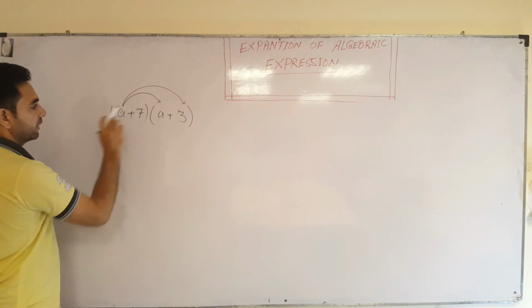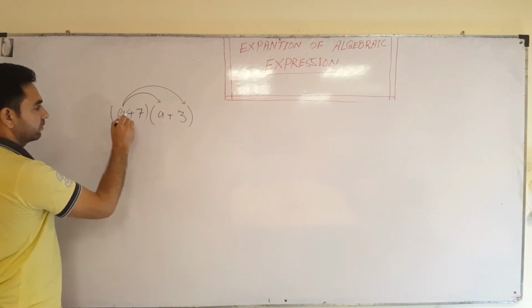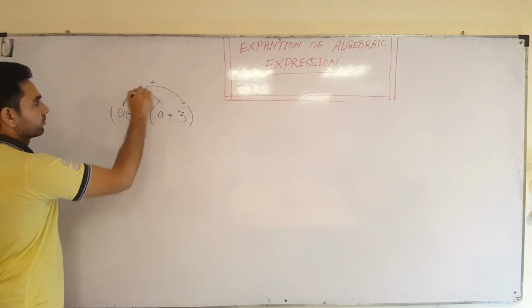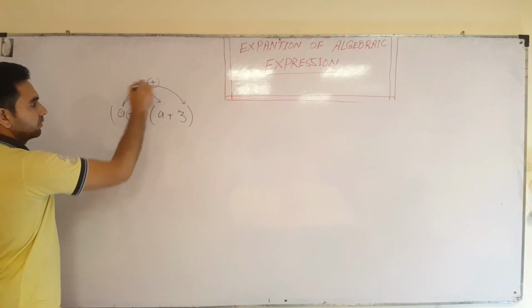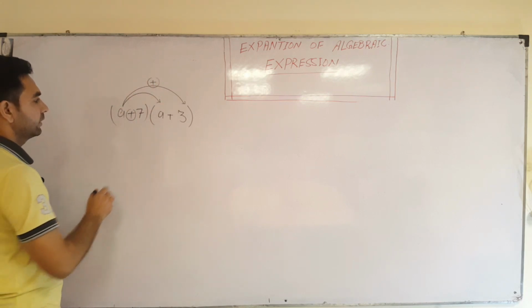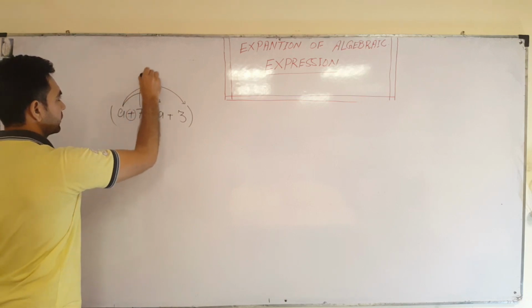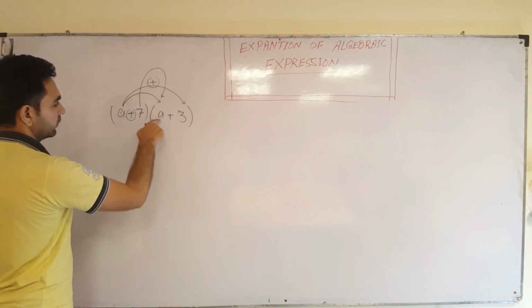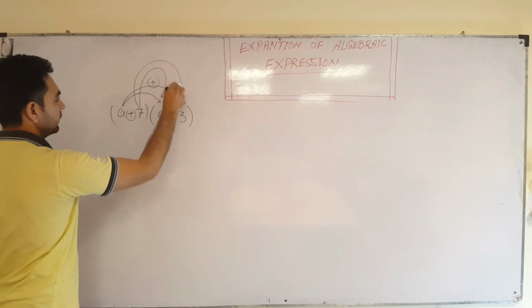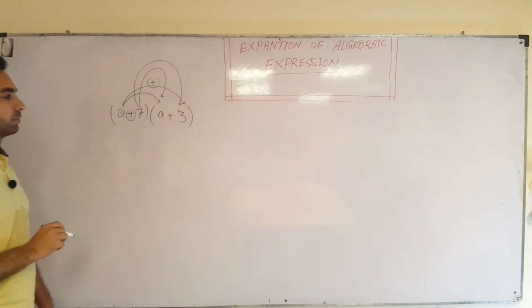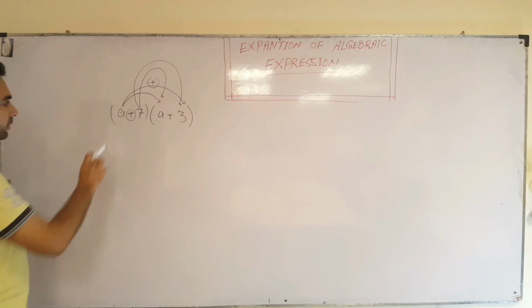And then we write down whatever is the symbol over here, a positive or a negative, and then we multiply this one. So you will see now it's very simple.